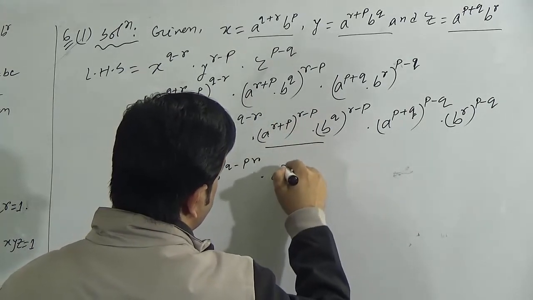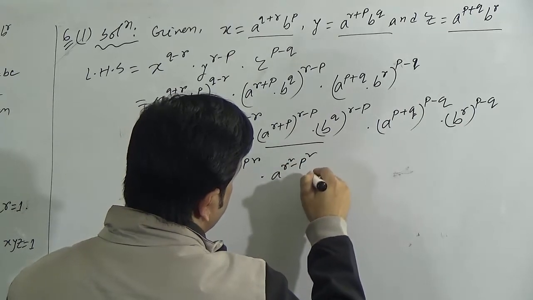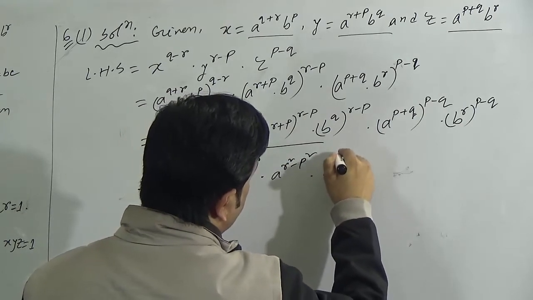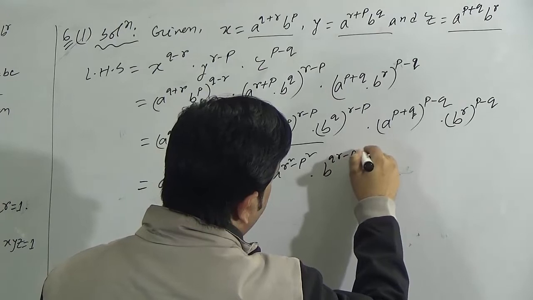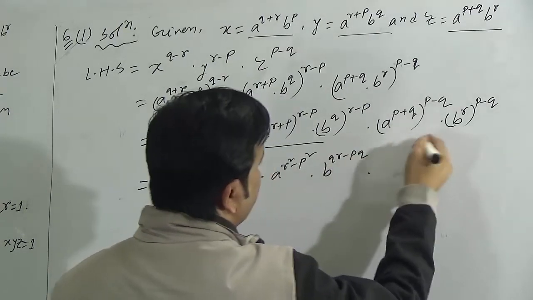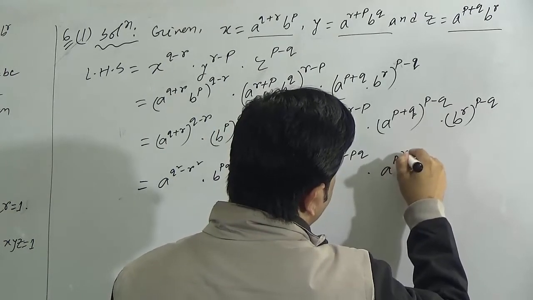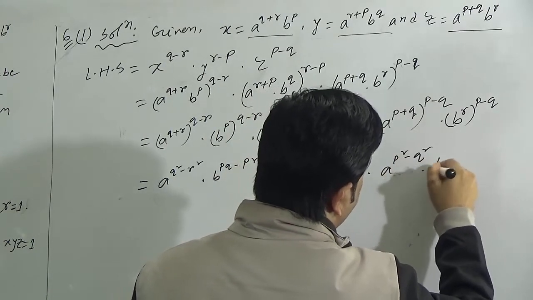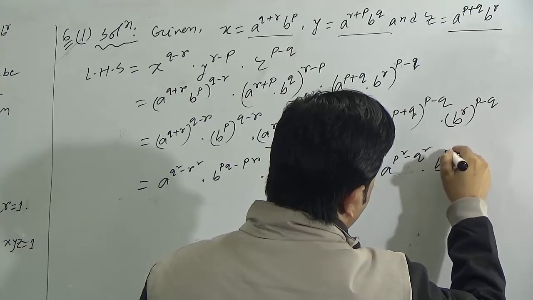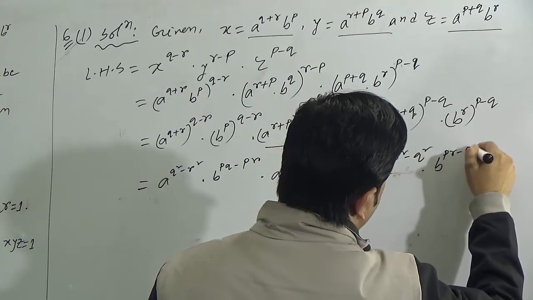It means a^(r²-p²) into b^(qr-pq), and then the last term here we can write a^(p+q)(p-q), meaning p²-q², and b^(pr-qr).